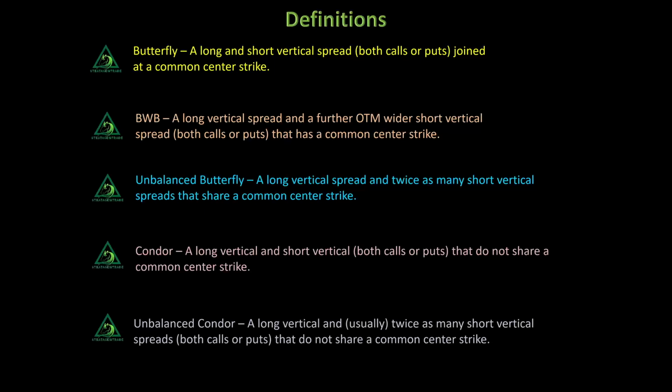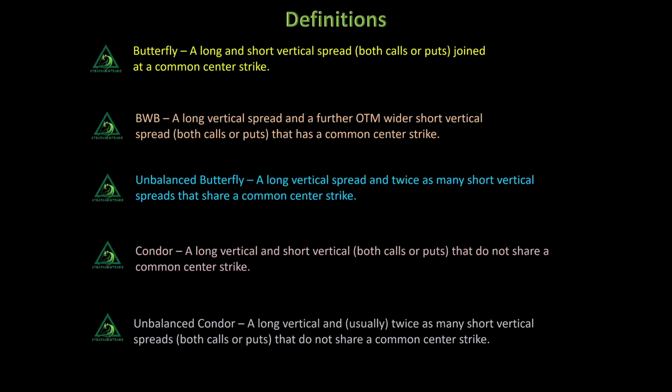Now, an unbalanced butterfly, otherwise known as the 1-3-2 trade, is just a vertical spread, say $5 wide, and twice as many short vertical spreads, 2 times 5, that share a common center strike. A lot of times you'll hear me refer to an unbalanced butterfly as a 1-3-2, simply to avoid people getting caught up in the emotions of the moment and confusing it with the unbalanced condor.